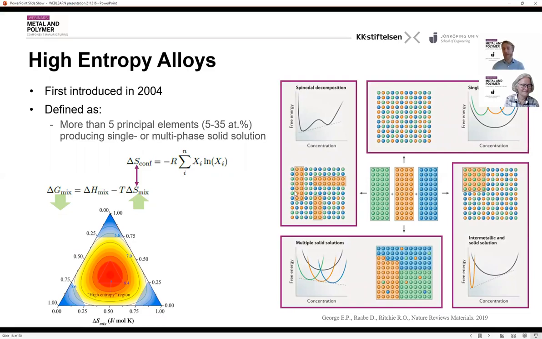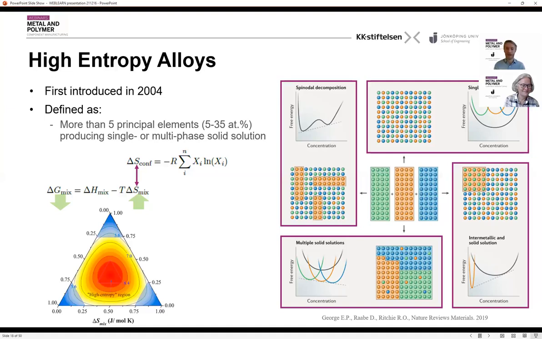We can also have a spinodal decomposition. This has been seen in a lot of aluminium, titanium based HEAs. We can have multiple solid solutions, so different compositions all having very equal driving forces of free energy, or we can have what is probably more commonly seen with current alloys, a solid solution mixed with an intermetallic of a highly ordered structure.